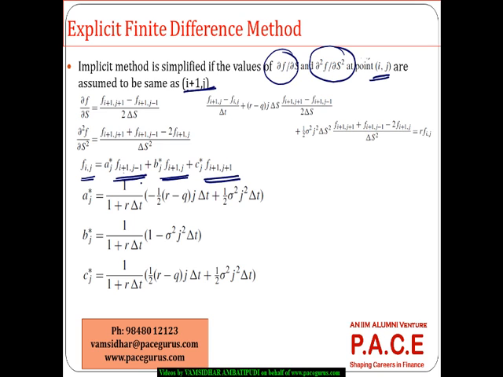So the current value of the derivative is coming out from three different values of the next period. That's why we call this explicit.